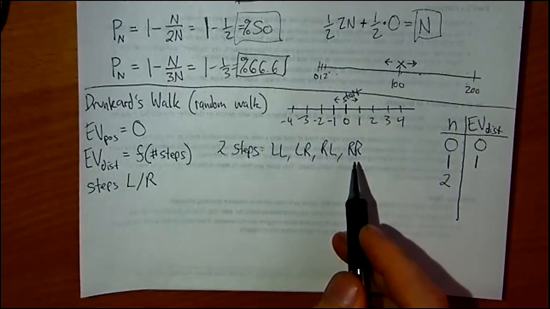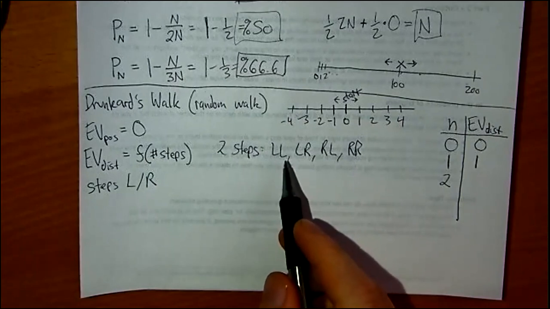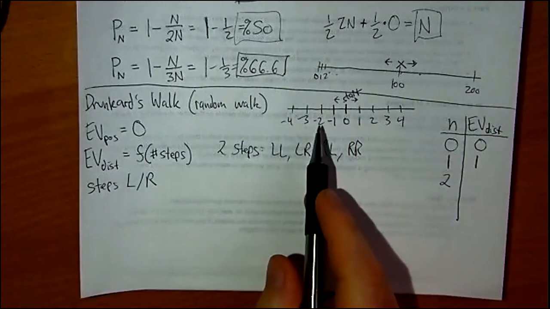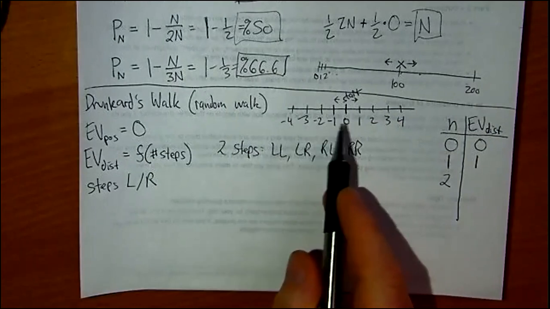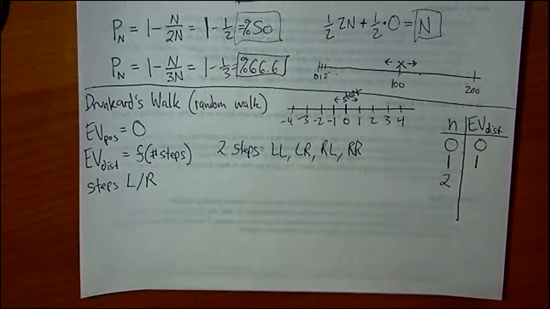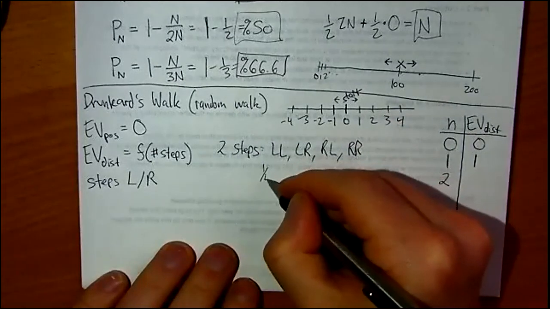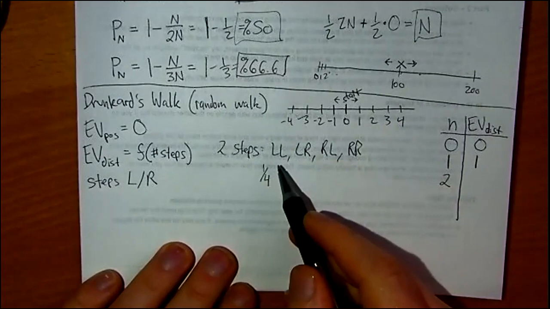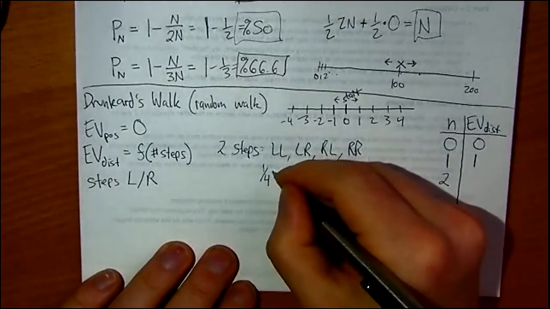So in that case, what could go down? Well, if I go left, left, then I'm at -2, which means I'm distance 2 from the origin. And what's the probability of that happening? So this is a 1 in 4 chance that I get left of being distance 2 from the origin.